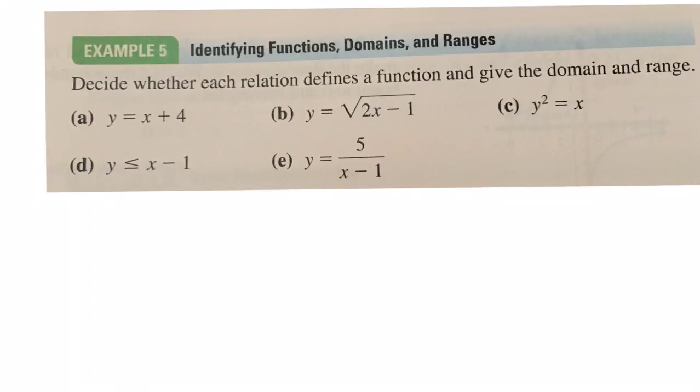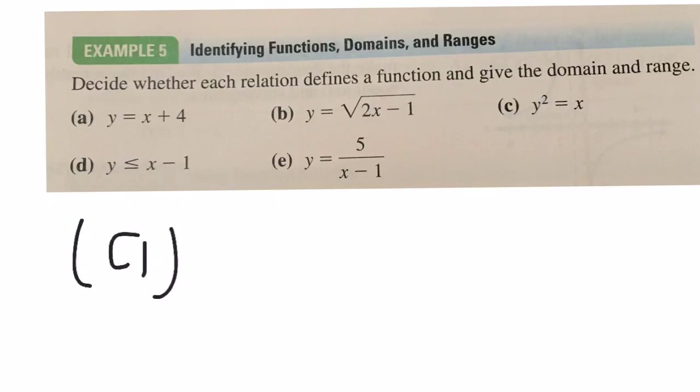Now, skipping part D, because I think you get the idea, we're going to move on to another example. Alright, so for this example, it says decide whether each relation is a function, and then determine the domain and range. Alright, for part A, x plus 4.